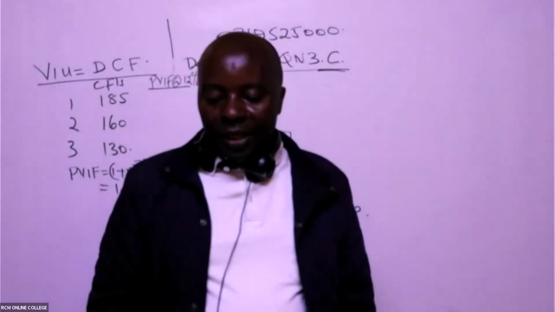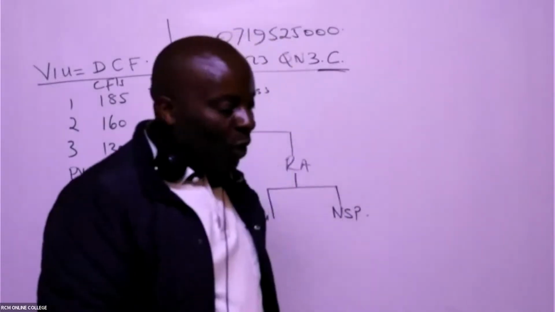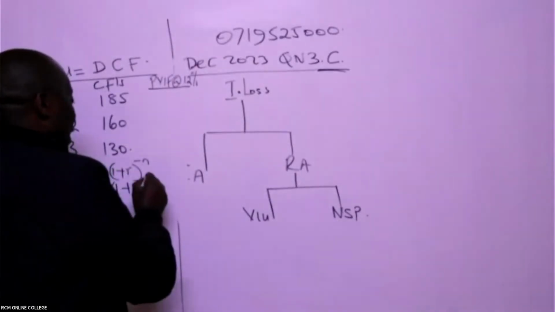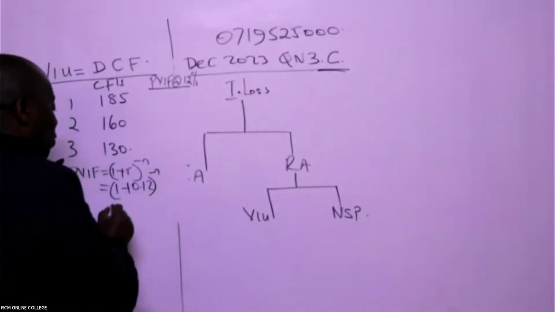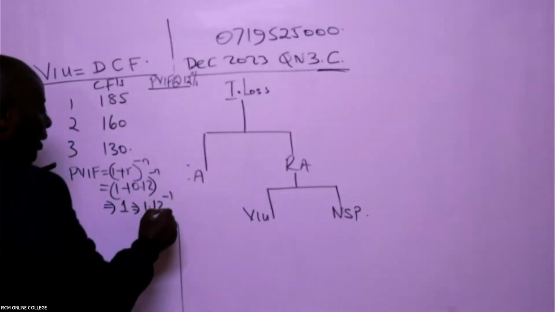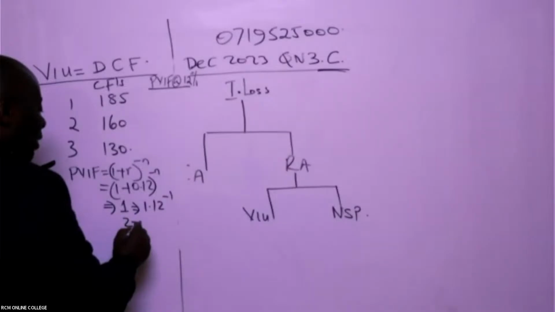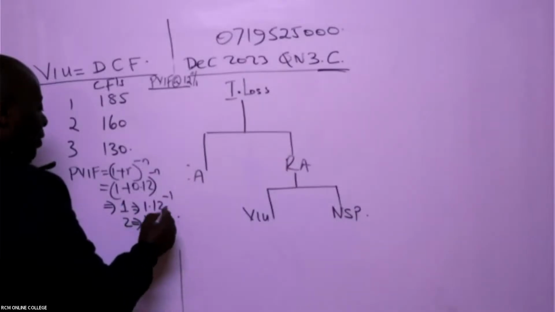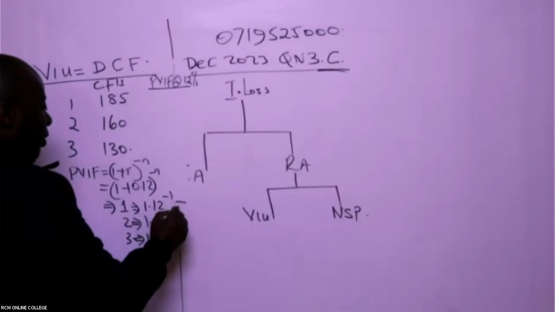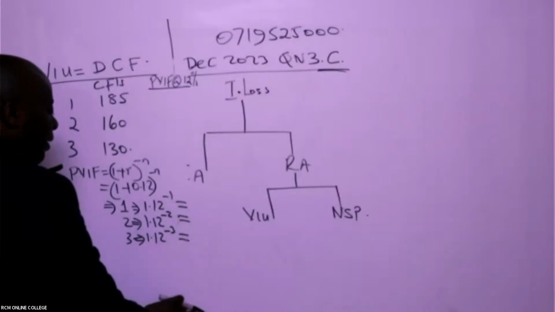So 1 plus 0.12, raised to negative n. For year 1 it will be 1.12 raised to minus 1. Year 2, 1.12 raised to minus 2. Year 3, 1.12 raised to minus 3. So are you able to give us these answers, ladies and gentlemen?